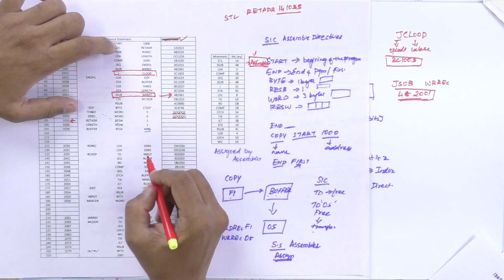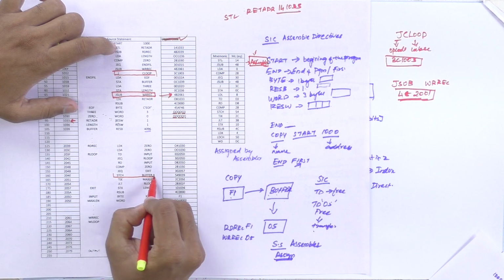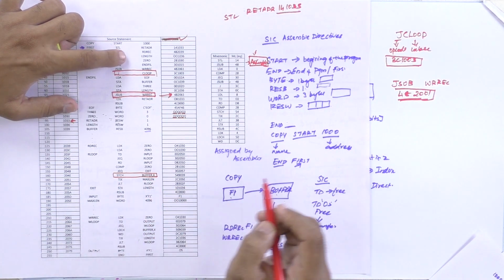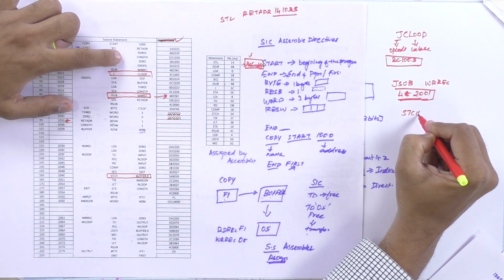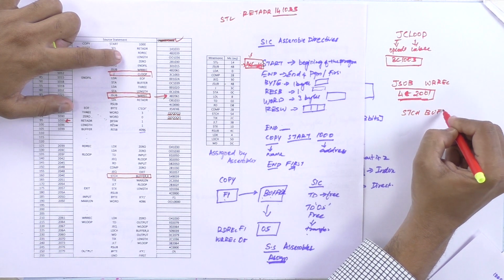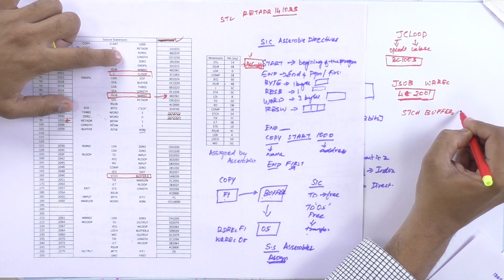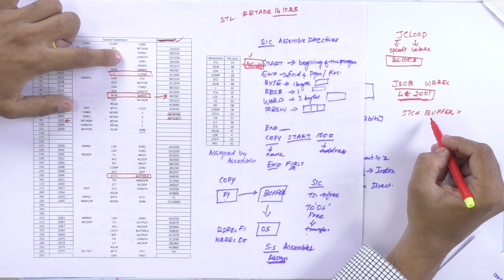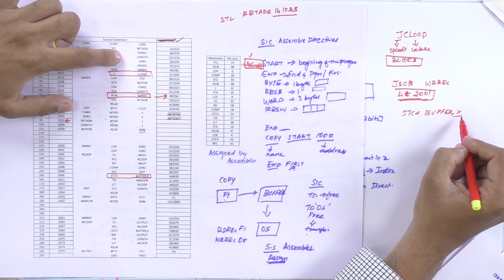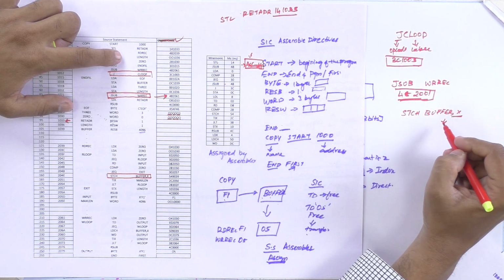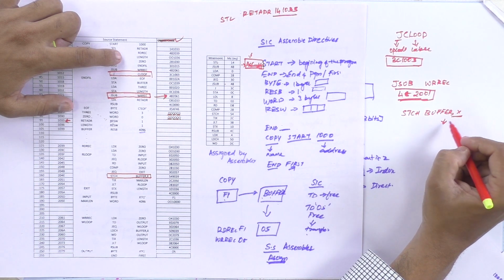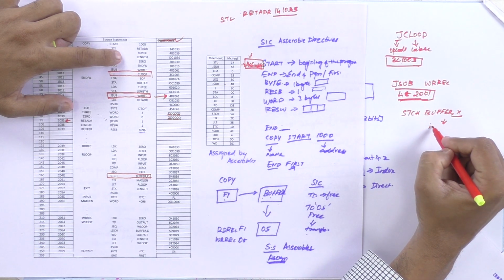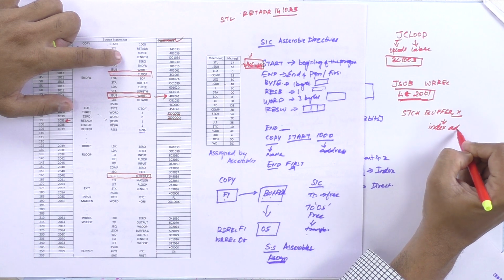We will see another instruction, STCH BUFFER,X. You can see here STCH BUFFER,X. What is BUFFER,X? Since X is a part of the instruction, this X is nothing but index addressing.